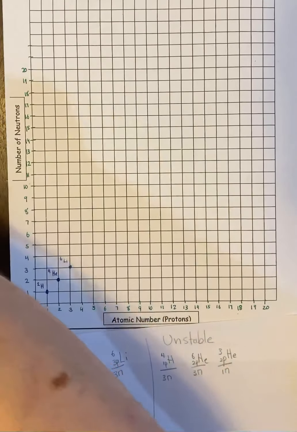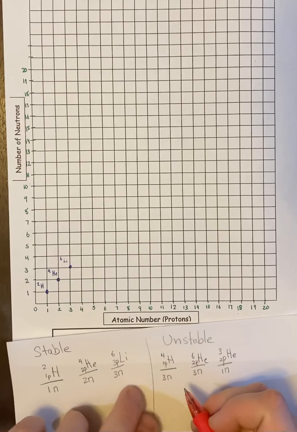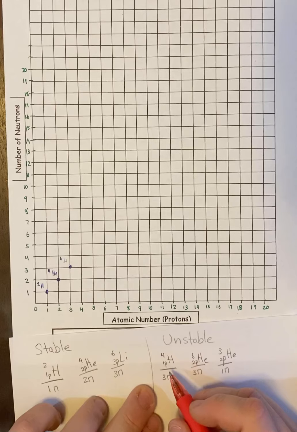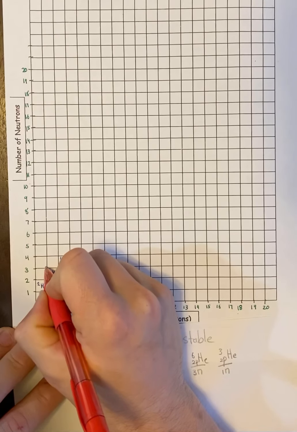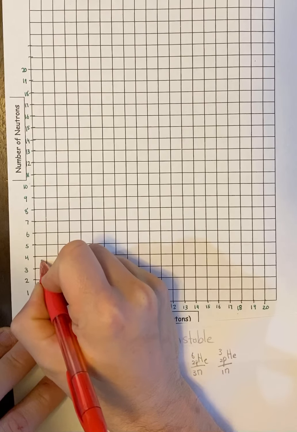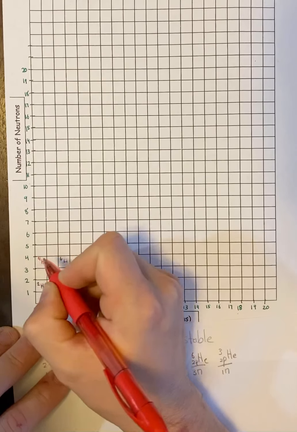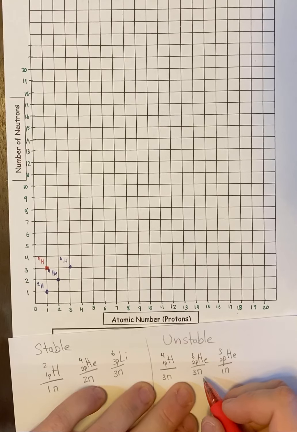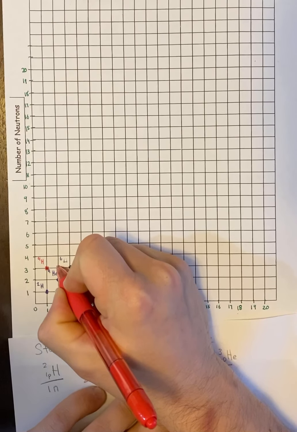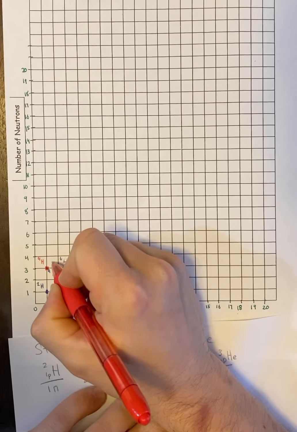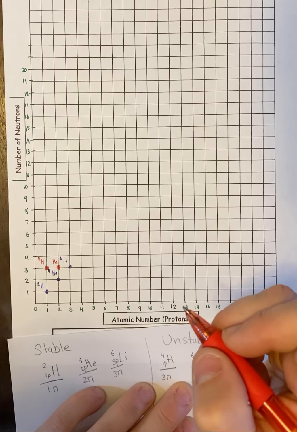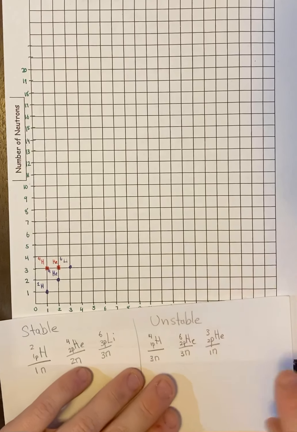Now for the unstable, we're going to use a red square. First one is going to be a hydrogen, which is 3 and 1. So we go 3 neutrons and 1, and we're going to put our red square. Color that in. Label it H4. The next one would be 2 and 3. Oh, nope, there's a mistake.